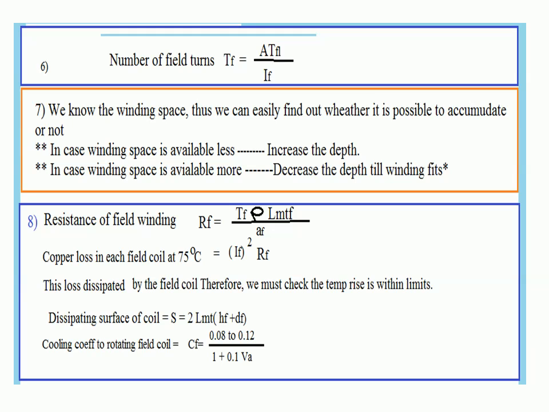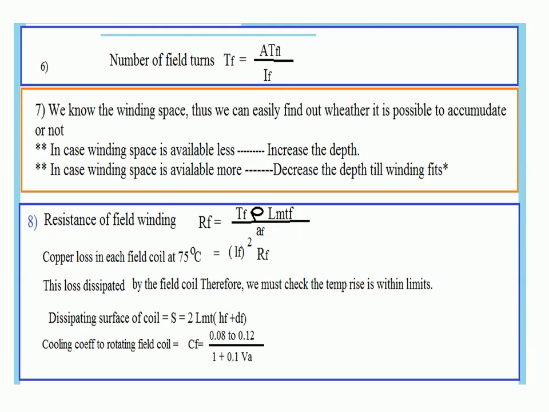After knowing the resistance of the field winding, you can go for estimation of copper loss, which is IF square into RF. RF you already know. This loss is dissipated by the field coil, so we have to check whether the temperature rise is within the limits or not.